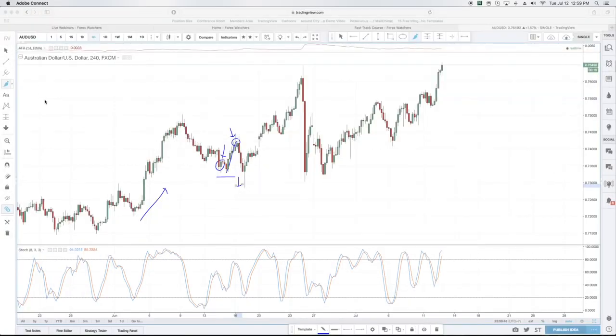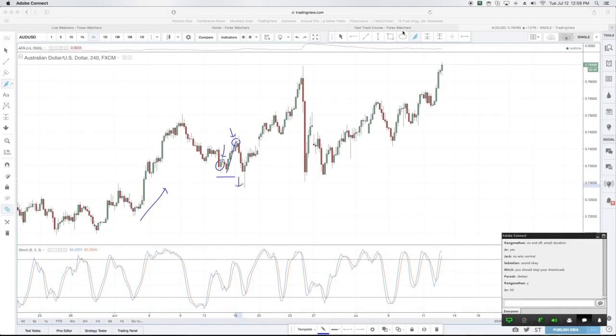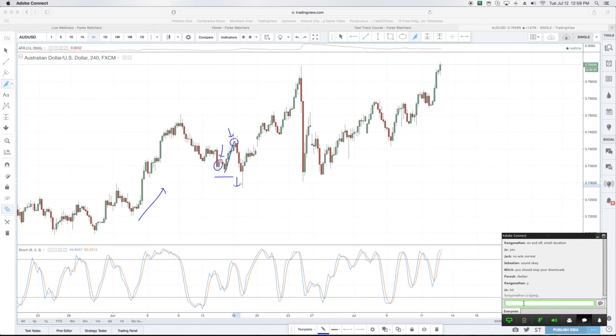Let's continue. Do you guys understand that mastering divergence is a skill that needs to be used together with reading the markets, and cannot be used alone?